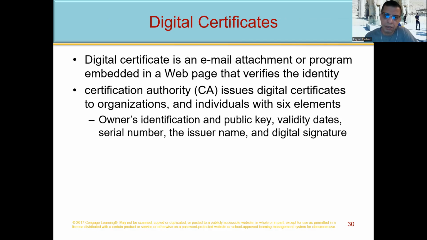And then you have a certification authority, which issues a digital certificate to organizations and individuals with the elements: validity, state, public key, serial number, issuer name, and digital signature and identification.